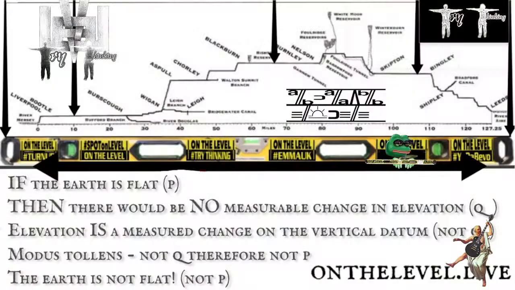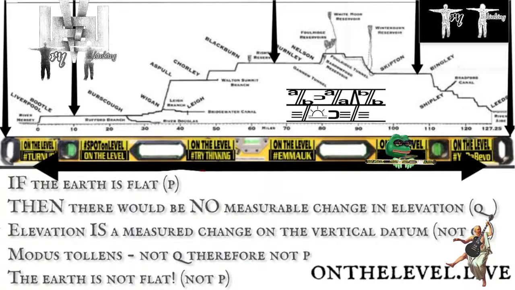The rebuttal is actually a straw man. And that's why I want to clarify, because I think that's worth pointing out, that the rebuttal was a straw man. Nowhere in the argument are the words level plane even mentioned. Topography is not mentioned. It's only about the elevation change, which is a measured change on the vertical datum.